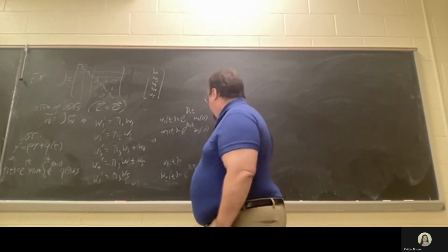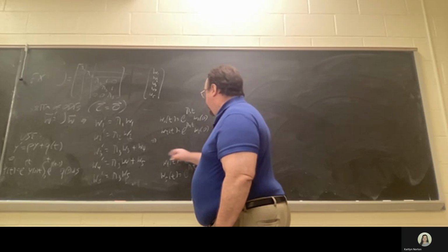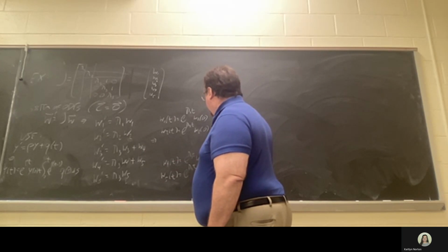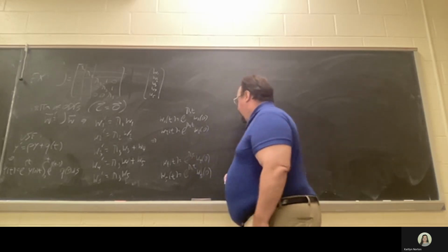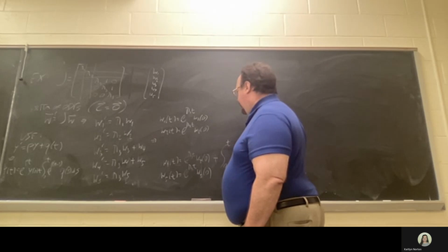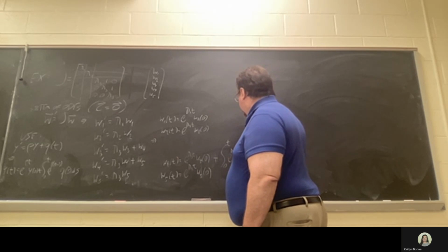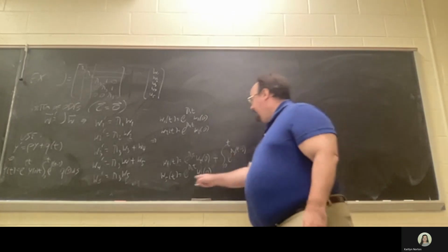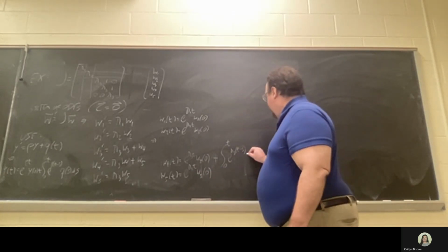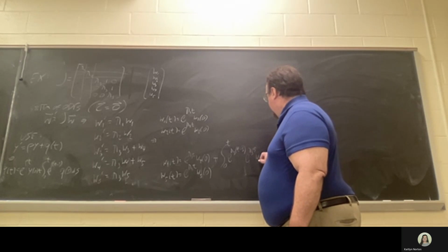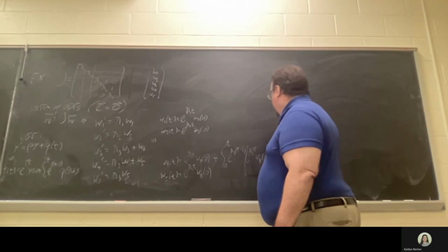From the first term, we have e to the lambda 3 t, W4 of 0. So it starts out the same way as the others, plus the integral from 0 to t of e to the lambda 3 (t minus s), and then this evaluated at s, e to the lambda 3 s, W5 of 0 ds.